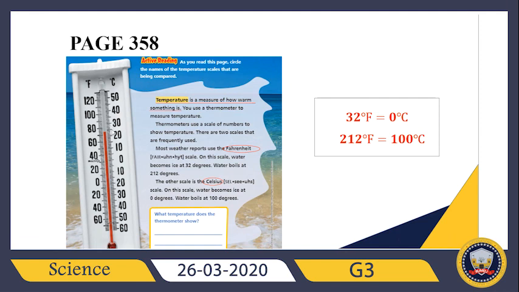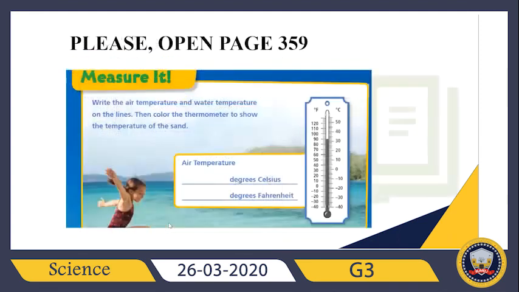So this represents 25. So I can say this temperature is between 20 and 25. But in which line? If I count lines, I can say the temperature is 23 degrees Celsius. And when I check Fahrenheit, I can say it is 75 degrees Fahrenheit.